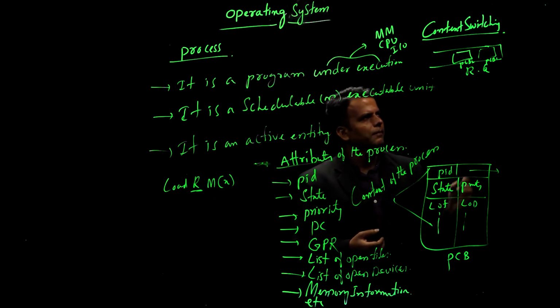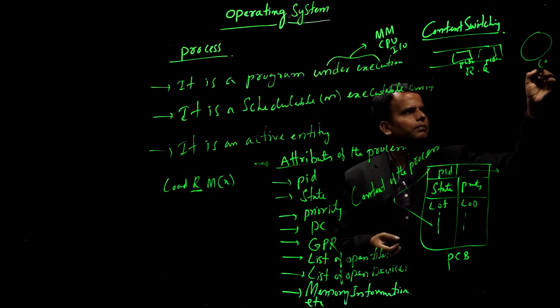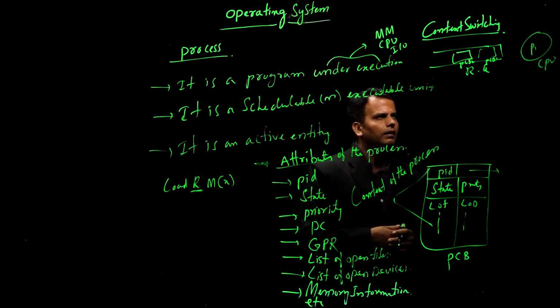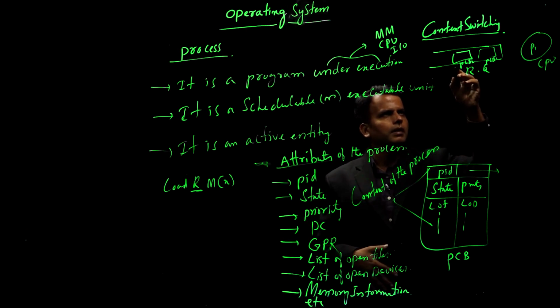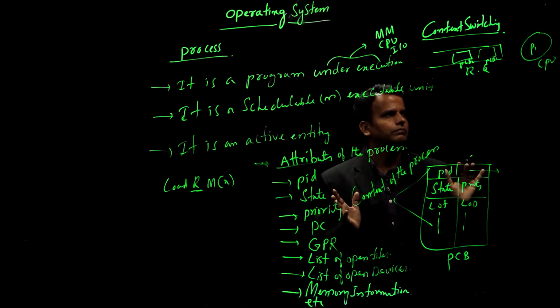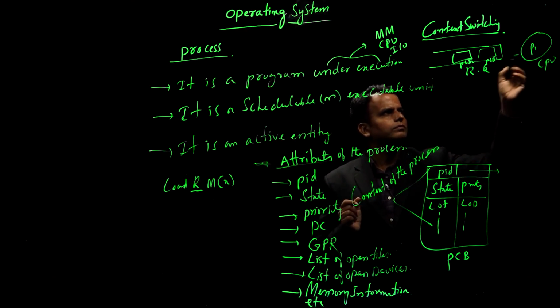Suppose that right now on the CPU, process P1 is executing. Now suddenly some higher priority process P2 came inside the main memory. So what do we need to do?